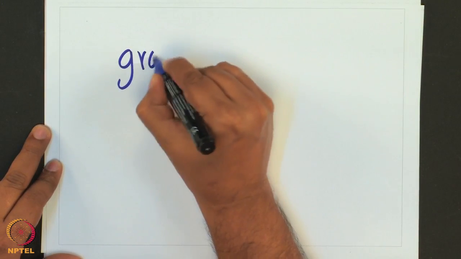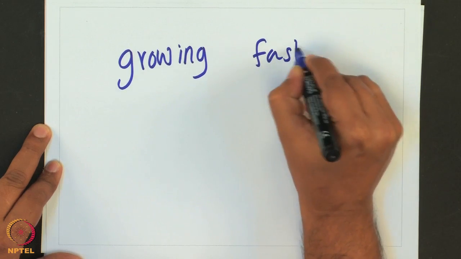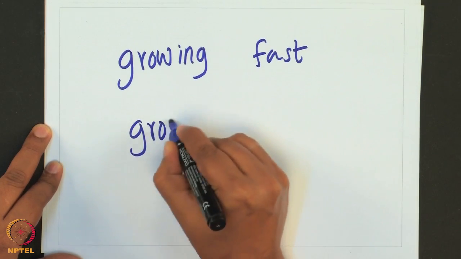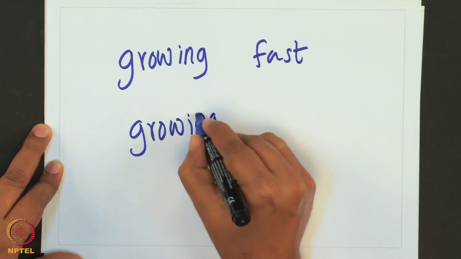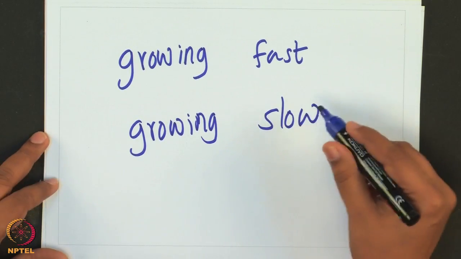Using English, we could say something is growing very fast or very slow. So you have a bacterial colony growing fast, or growing slow. These are some statements that we can make using English, but fast, slow, etc.